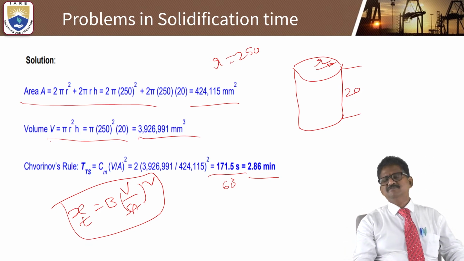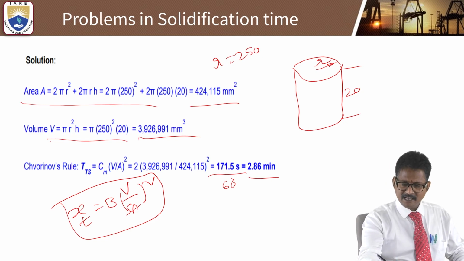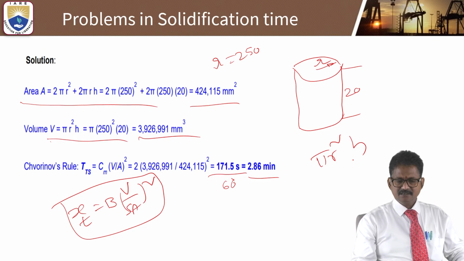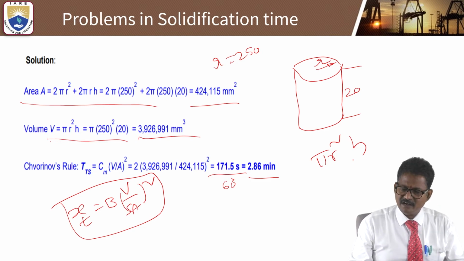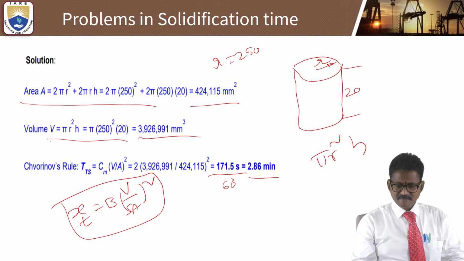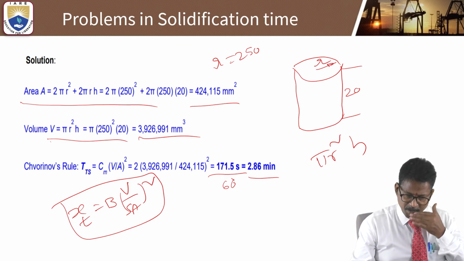Similarly, the volume of this cylinder is pi r square h. So you can substitute the values of r and h in this equation. You will get 39 lakhs 26,991 mm cube.